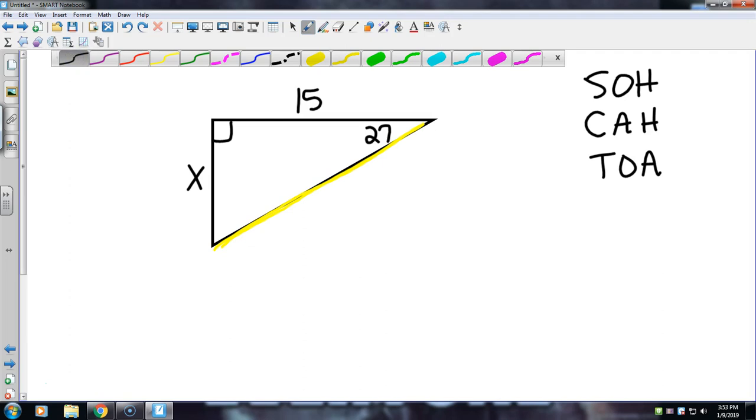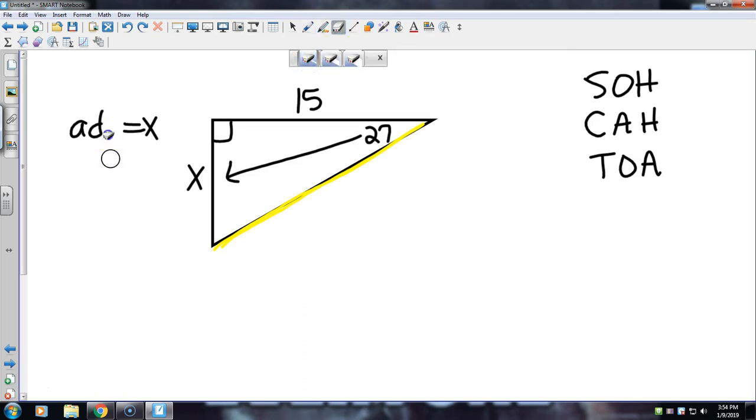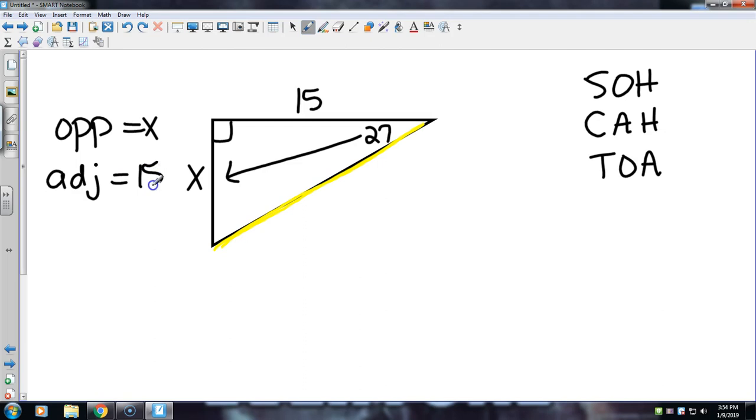So from 27, I have an adjacent of x and I have an opposite of x, and then I have an adjacent of 15.